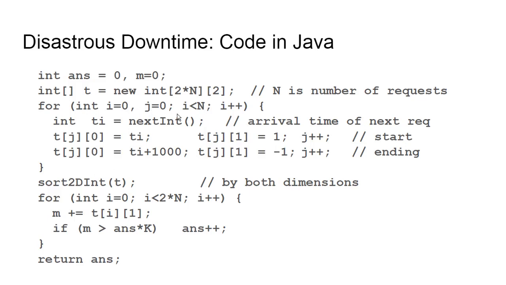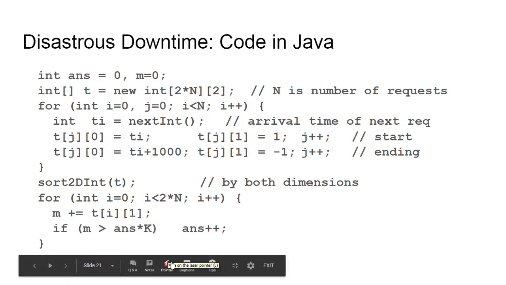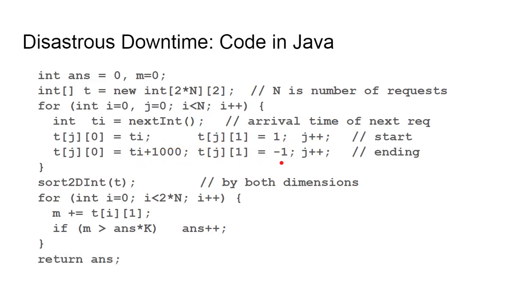The next loop reads the time and creates events in this array. Every new time will create 2 events, at index j and then j plus 1. I use this j index, incrementing after creating each event. So this is a starting event, starting time and +1, and finishing time and -1.